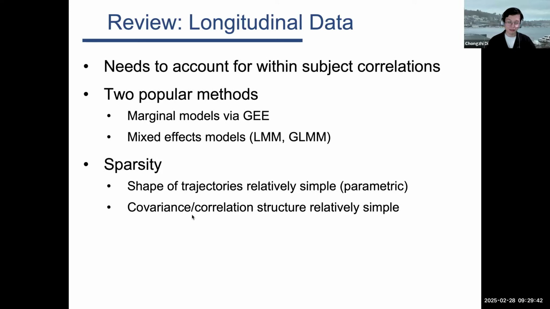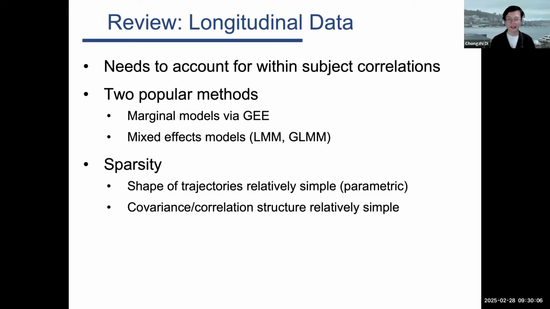These are relatively simple. And also the covariance correlation structure is relatively simple, in the sense that for GEE, you are assuming something like exchangeable correlation or autoregressive correlation, using probably one or two parameters. For random effects models, I think most of the time people just use random intercept and random slope.